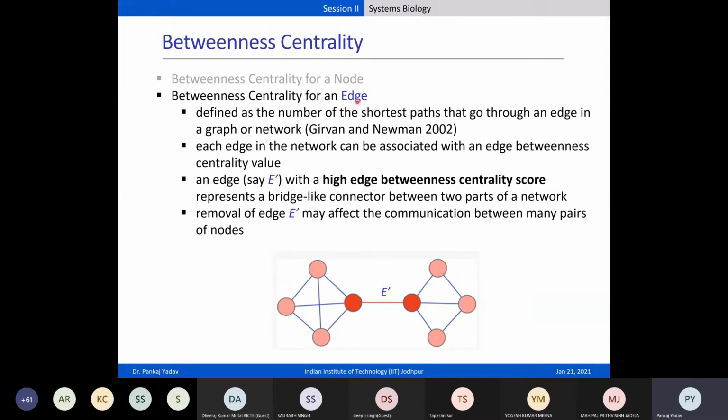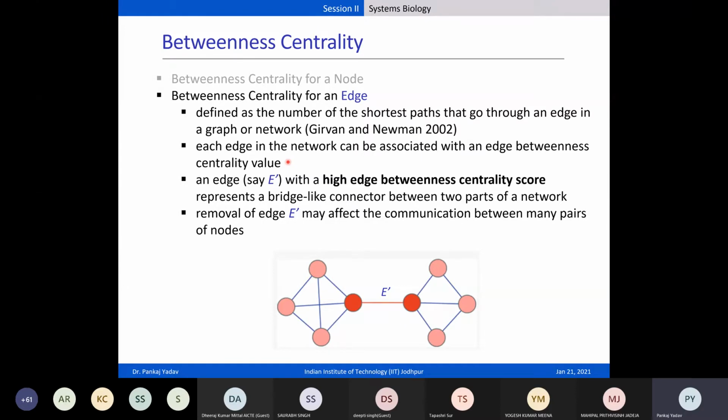In the case of an edge, it is defined as the number of shortest paths that go through an edge in a graph or network, and this was proposed by Girvan and Newman in 2002. Each edge in the network can be associated with an edge betweenness centrality value, so we can calculate it for each edge in a network, and we can also calculate it for the whole network.